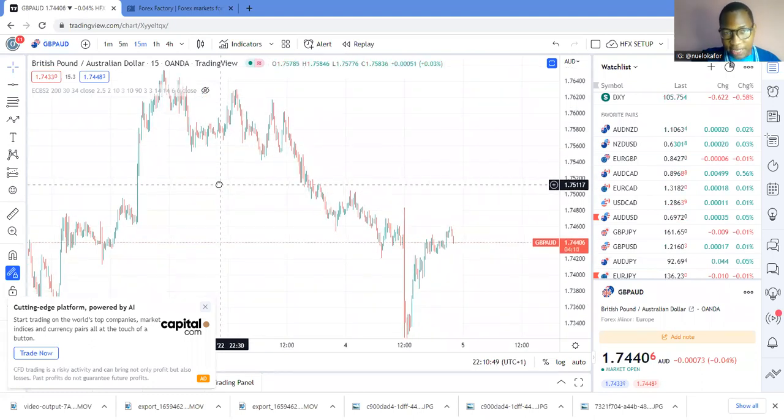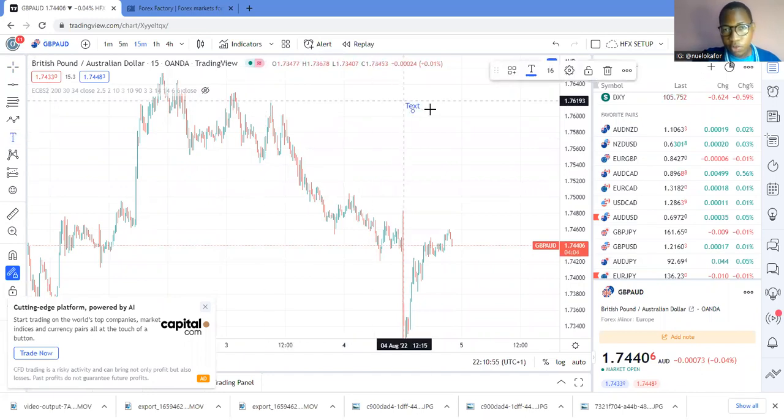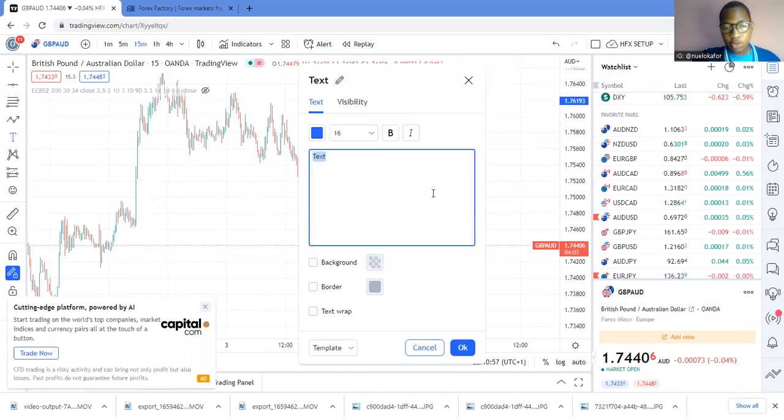is to identify the trend on the 15-minute time frame. Let me try and do something here. So number one is to check news.